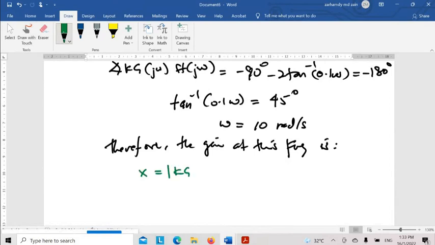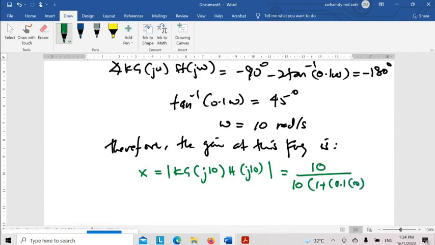We have KG(j10)H(j10), omega is 10, and referring to our system, we have 10 over 10 times 1 plus 0.1 times 10 squared. From here we get 0.5.